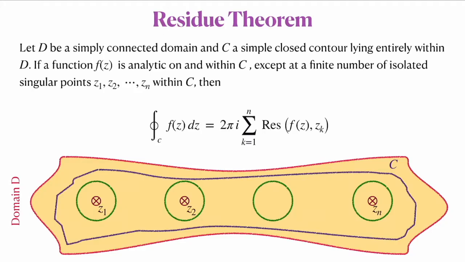Let's quickly remind ourselves of the residue theorem. The residue theorem essentially states that if you have a domain in which a function f of z is defined and you want to take the contour integral over a contour C in this domain, where C is a simple closed curve, and inside the contour C we have finite singularities at z1, z2 and so on till zn, then the integral of f of z over this contour C is given as 2 pi i times the sum of all residues of the singularities inside this contour.